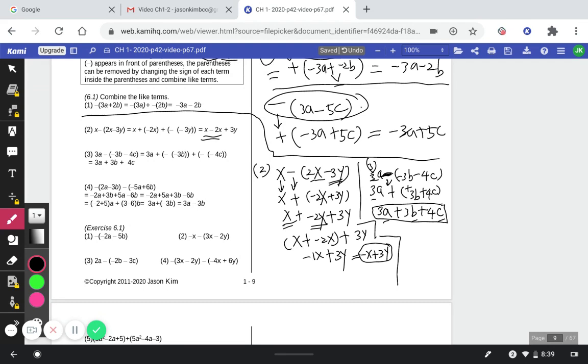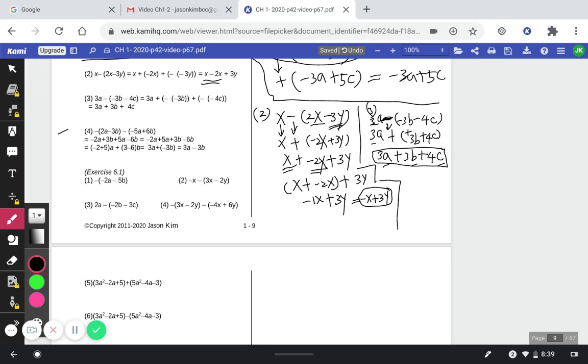Now number 4, so you have a negative 2a. So this is complicated. Number 4: negative 2a minus 3b minus negative 5a plus 6b. So this negative means like negative 1.